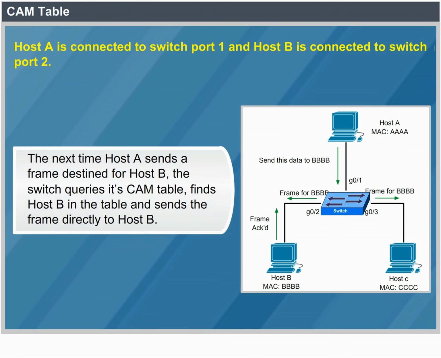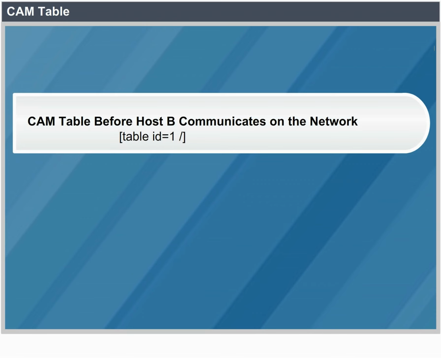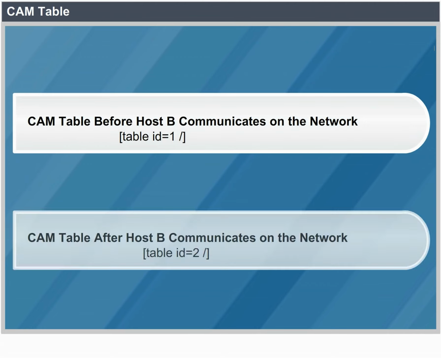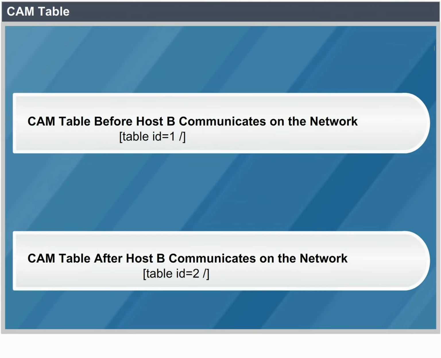The next time host A sends a frame destined for host B, the switch queries its CAM table, finds host B in the table and sends the frame directly to host B. CAM table before host B communicates on the network: table ID equal to 1. CAM table after host B communicates on the network: table ID equal to 2.